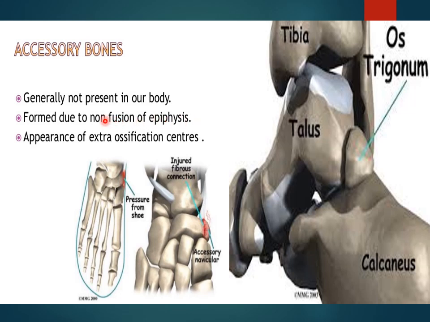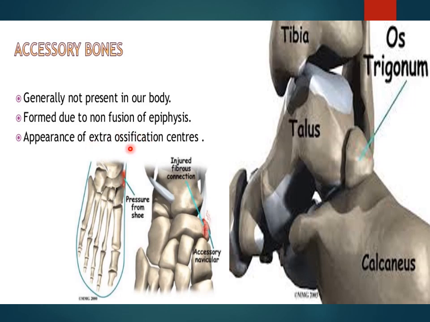The supernumerary bones are the ones which develop from extra ossification centers. So when an extra secondary ossification center appears in a bone and does not fuse with its main bone, then it gives rise to a separate bone, which is known as the supernumerary bone.